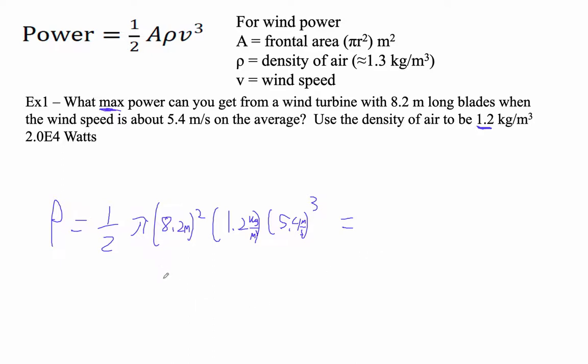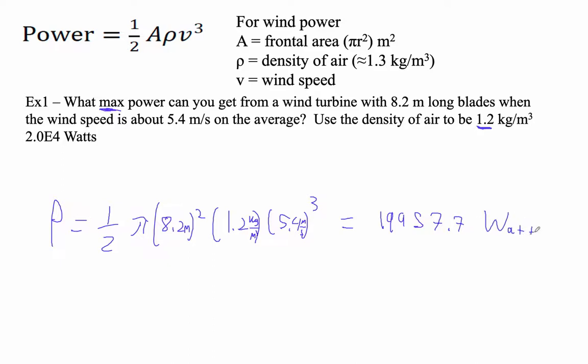I'm going to go 0.5 times pi times 8.2 squared times 1.2 times 5.4 raised to the third power. Hit enter, and I get 19957.7 roughly watts.